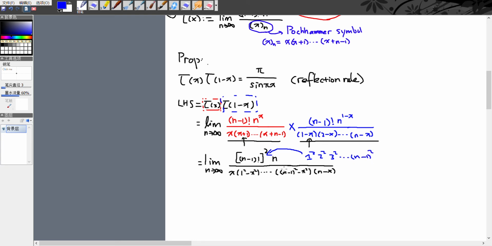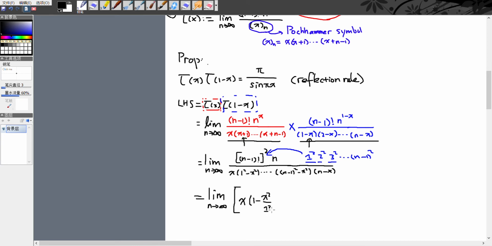So now we divide both denominator and numerator by those terms. We will have the limit as n approaches infinity of x times (1 minus x squared over 1 squared).